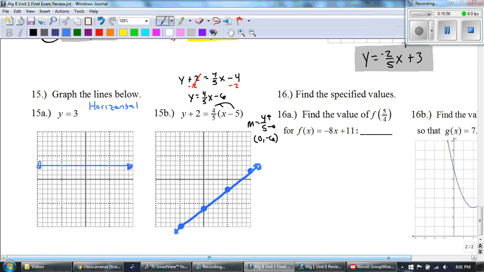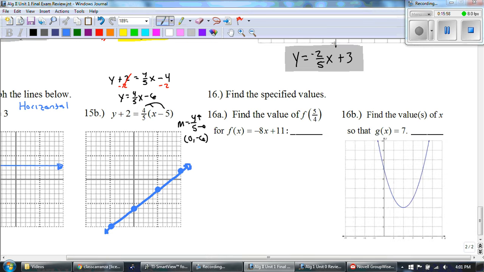All right, last two. Find the value of f of 5/4 for f of x equals -8x plus 11. So when they say that, hey, this is the 5/4, they're telling us the x. That means we need to plug in and simplify. Okay, so I'm going to plug in a -5/4 and then just simplify, guys.